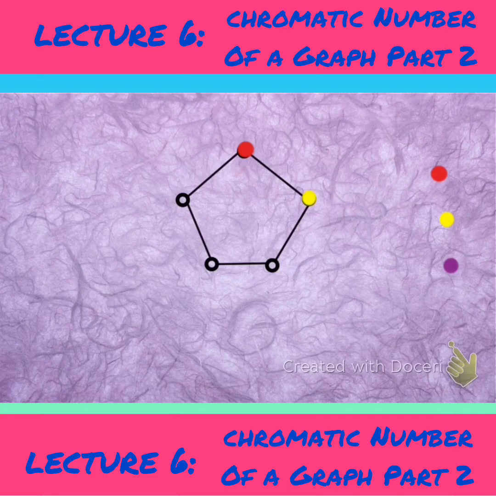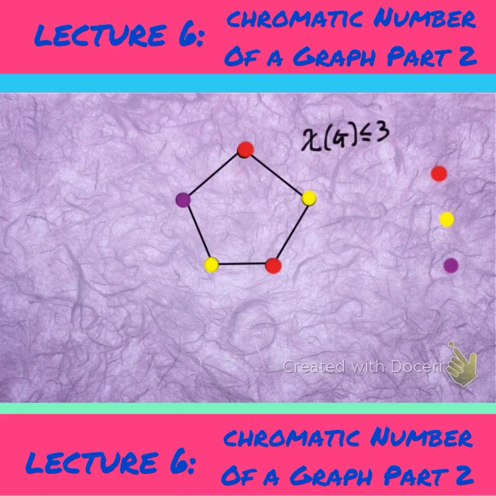Then we can use the red again, and then we can use the yellow again. Right, now the last vertex can't use yellow, can't use red. We are unfortunately forced to use purple. So you can see that this is at most 3.